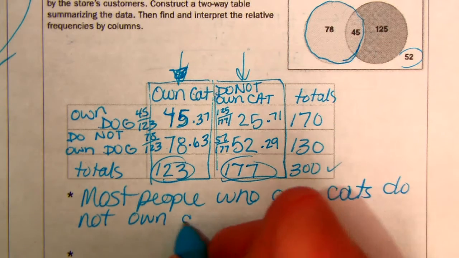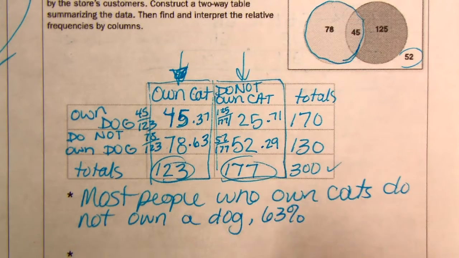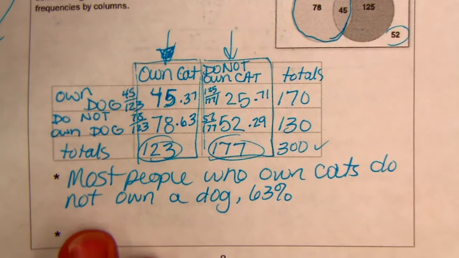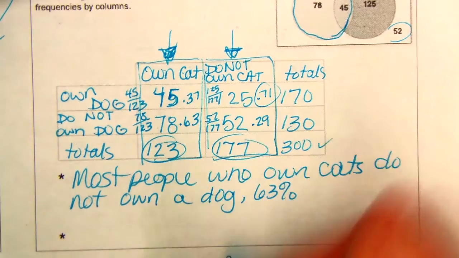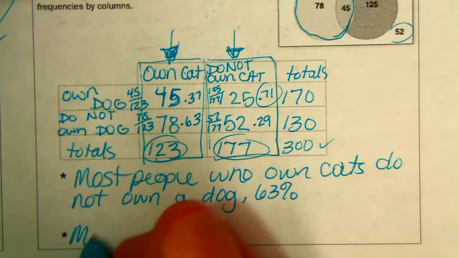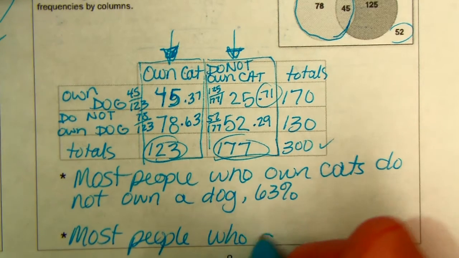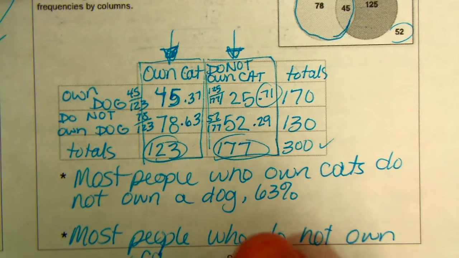Now what about the people who don't own a cat? The majority of people who don't own a cat own a dog (71%).